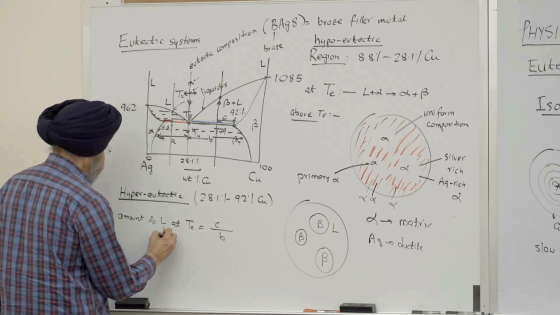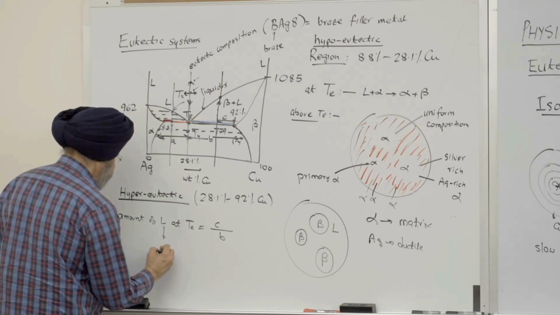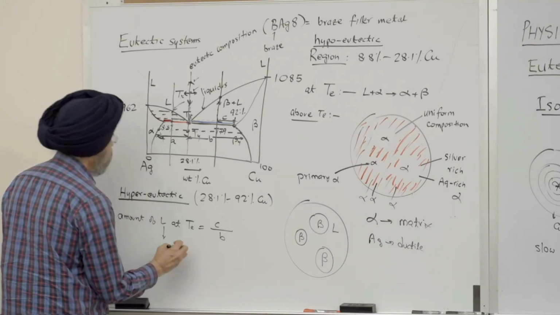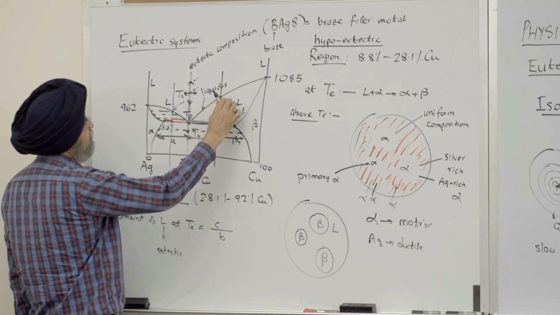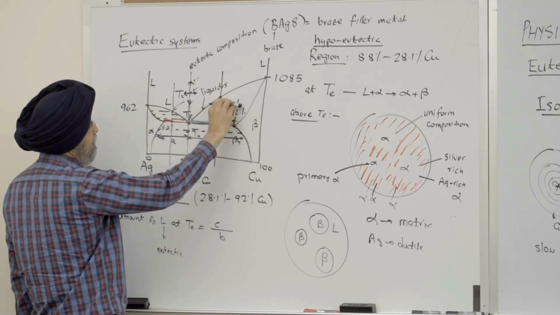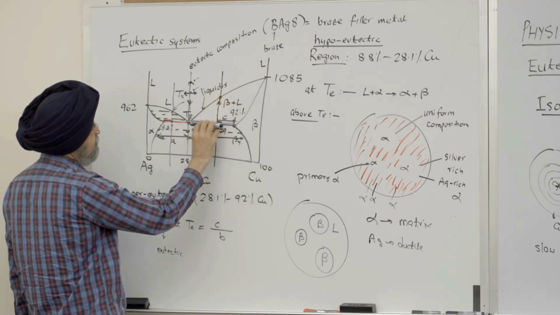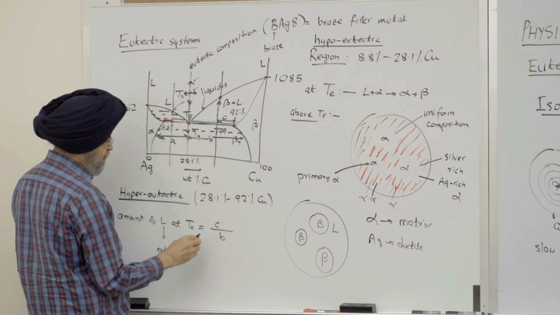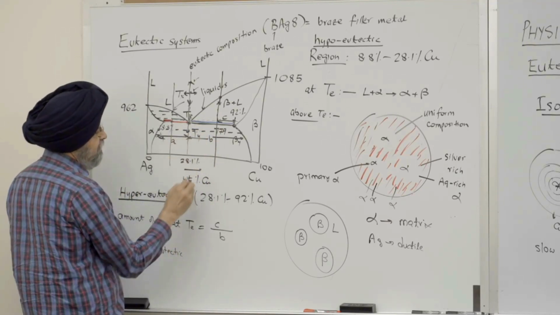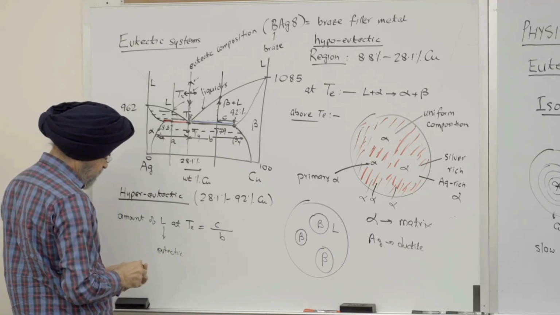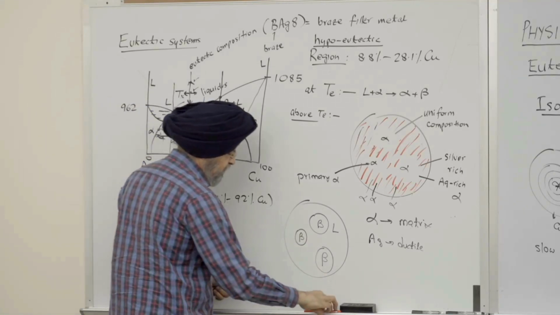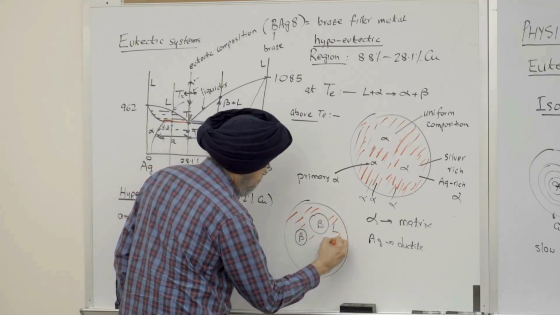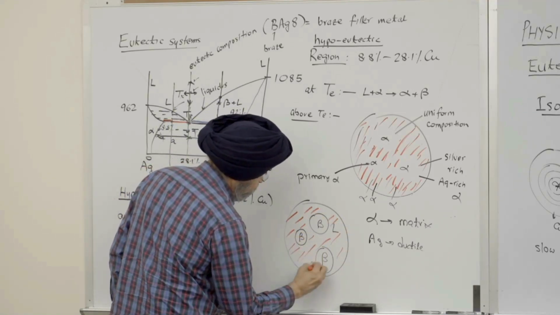And this liquid solidifies into the eutectic. So coming down over here, the amount of beta keeps increasing, liquid decreases. At the eutectic, you still have some liquid. And that liquid, which is remaining, will form the eutectic. And in this microstructure, this will be the eutectic that you will see.